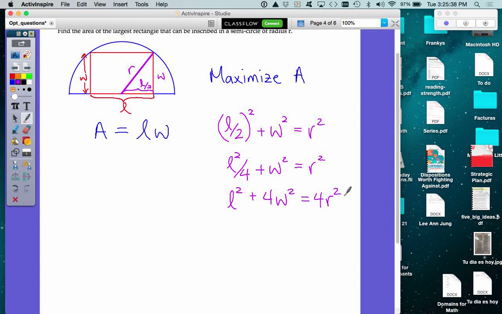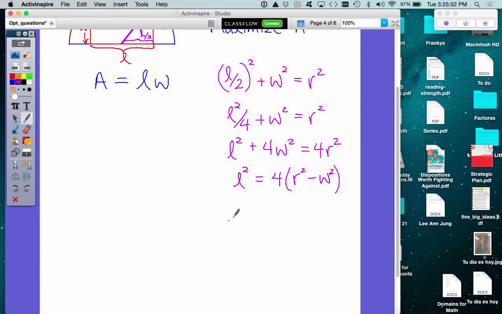And I can simplify this to L^2 = 4(R^2 - W^2). That allows me to solve for L. And I now get L equals plus or minus the square root of this whole thing, which is going to be 2 times the square root of R^2 - W^2.